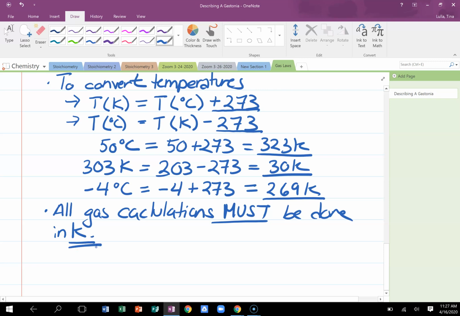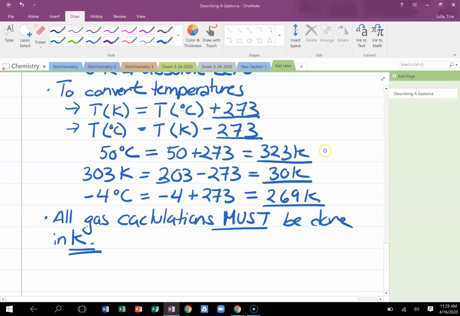Okay? Very often students do problems incorrectly and they review their work. Miss Ula, I can't figure out what I did wrong. And it's that they forgot to convert to Kelvin. They did the problem in Celsius. So whenever you're given a temperature in any gas problem, your first step should be to convert your Celsius into Kelvin by adding 273.